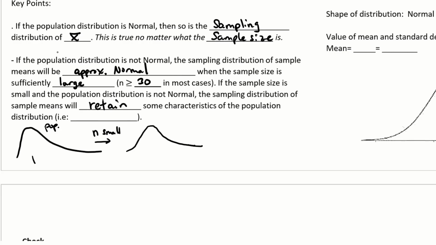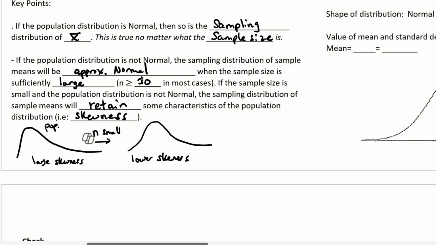So this one's large skewness, and this one is lower skewness. Notice it's trying to approach normality, and I don't know if I did that graphic any justice, but it's still slightly skewed to the right. Hopefully that makes sense. It'll still retain some of its skewness.